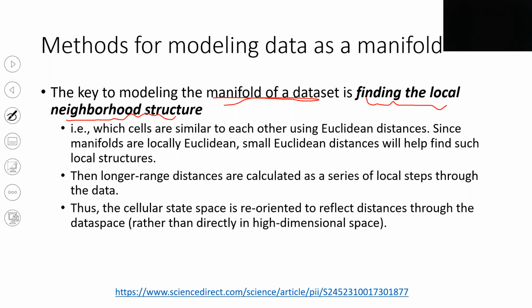In single cells, you ask which cells are similar to each other if you use Euclidean distance. So you can compute local relationships, but for longer range distances, we have to recalculate. Instead of directly using the Euclidean distance, we have to follow the local steps. So you approximate the distance by looking at the local steps and adding them up.